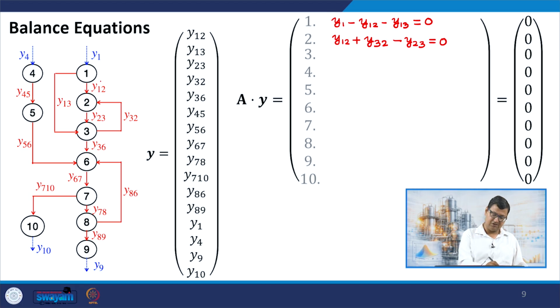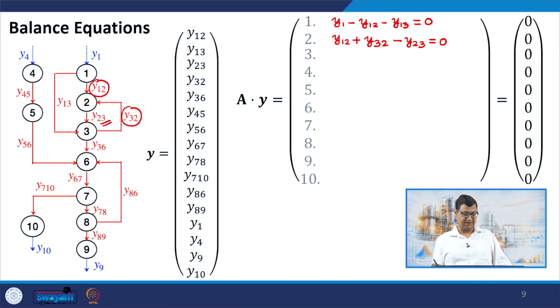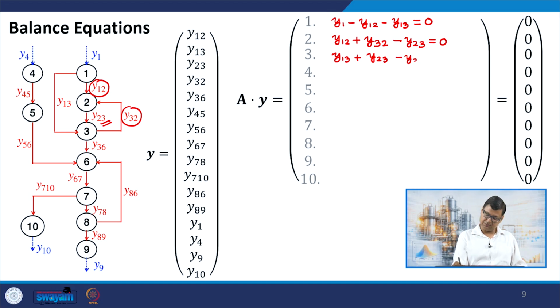So, you can see y12 is coming there, y32 is coming there, and y23 is a leaving edge from there. From 3, we have y13 and y23 as the two incoming edges, and y32 and y36 as the two outgoing edges.